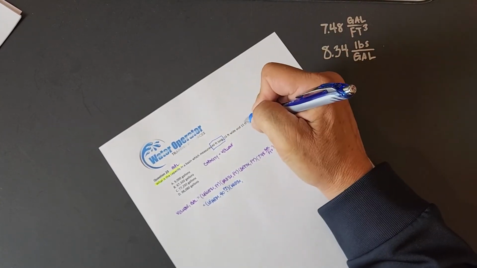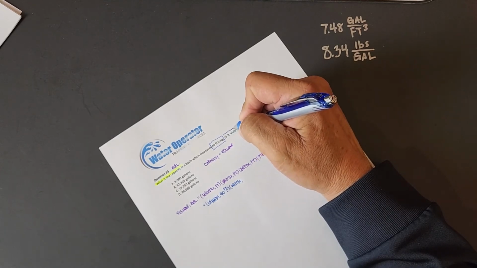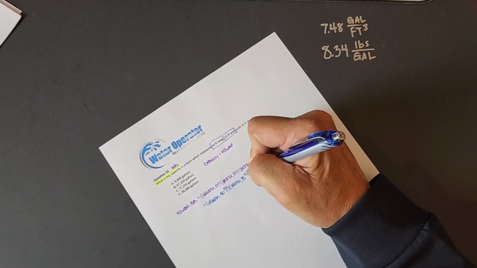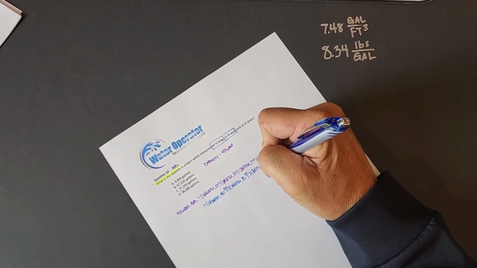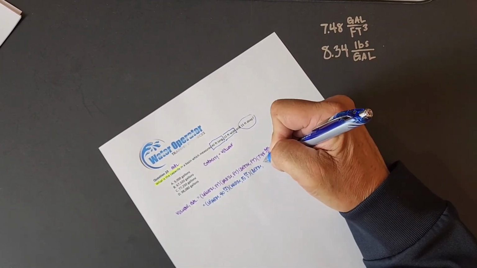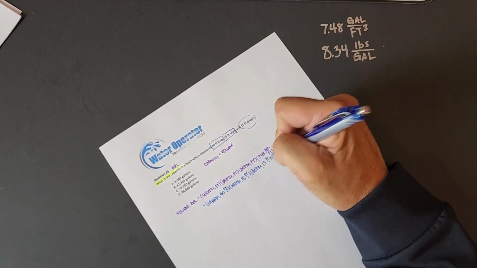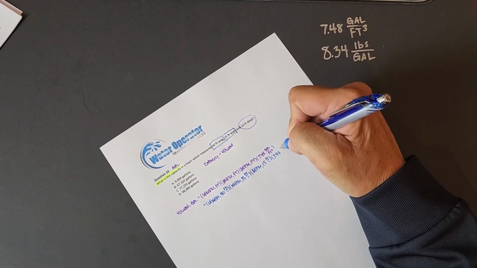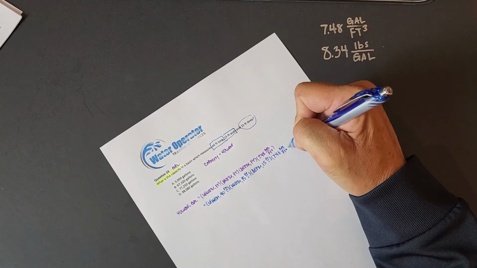The width is 15 feet, and the depth is 15 feet, and then we multiply by our conversion factor, 7.48 gallons per cubic foot.